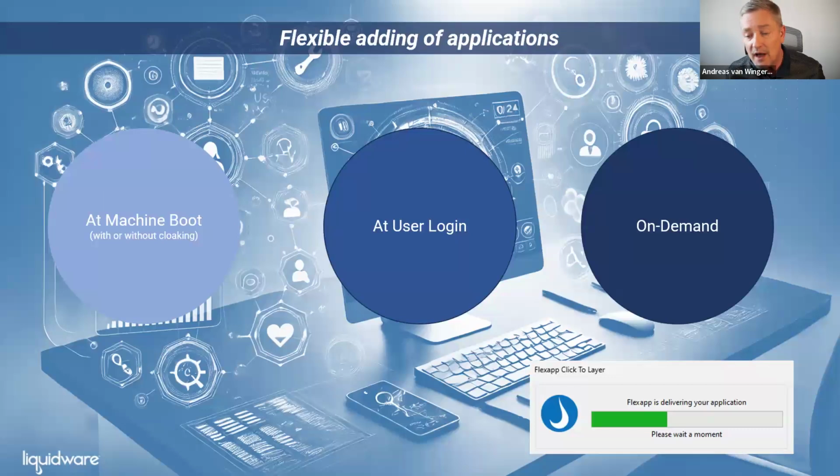Do we actually want to add applications while the machine is booting up? So basically installing it system-wide, but also offering cloaking. So even though perhaps, let's say we are in a Windows 11 multi-user scenario, user A logs on, he has about 10 applications, then user B logs on, but he doesn't have all of those 10 applications, maybe only 8.